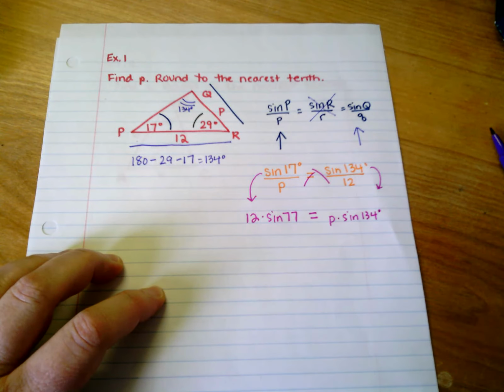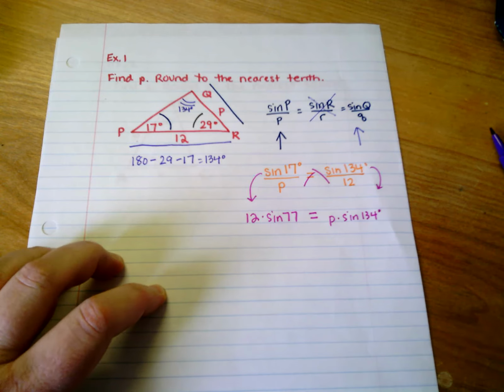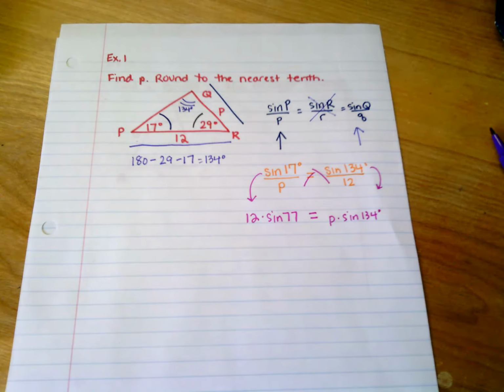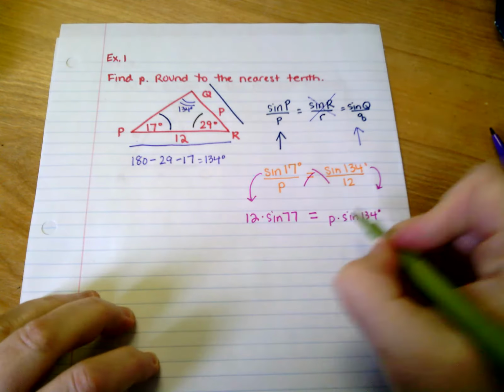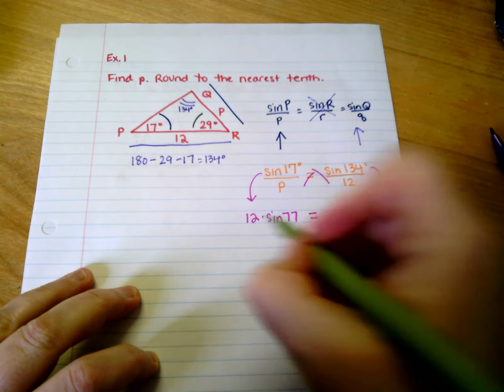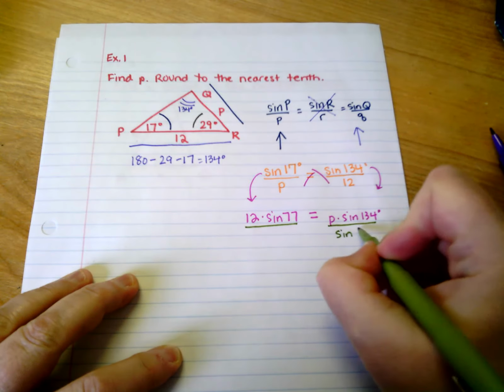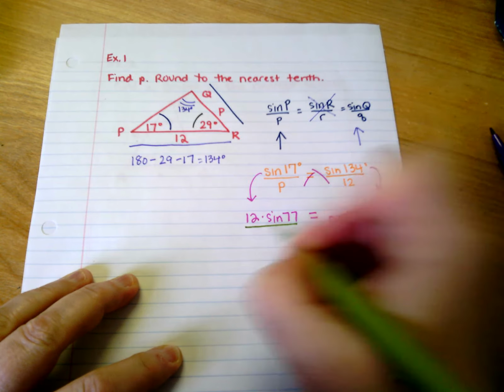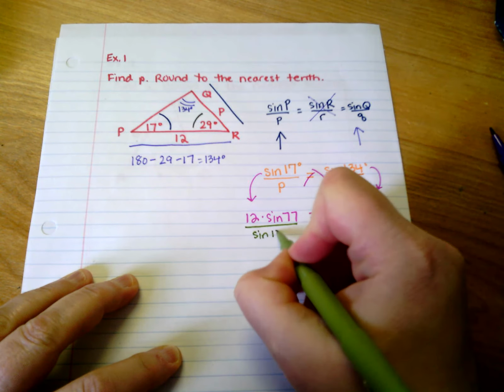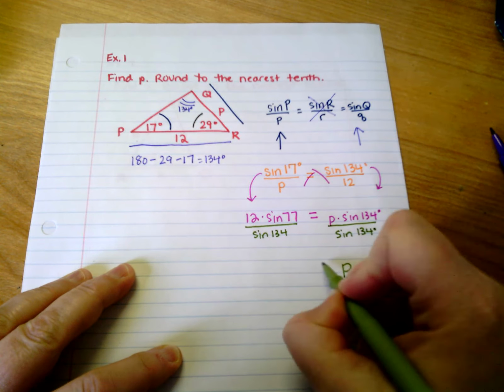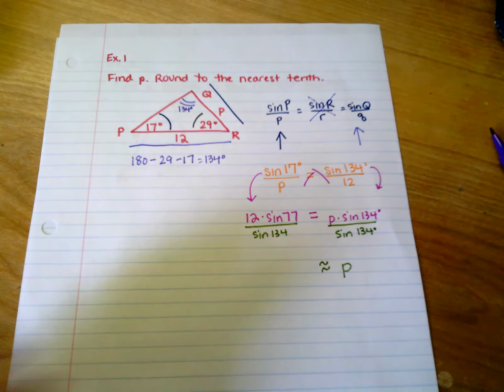So it already looks a little bit better, but I've got one more step, and that's to get P by itself. And again, I'm doing all of this manipulation before I touch the calculator. So to get P by itself, I'm going to divide both sides by the sine of 134. And now you should be able to just type that entire expression into your calculator.